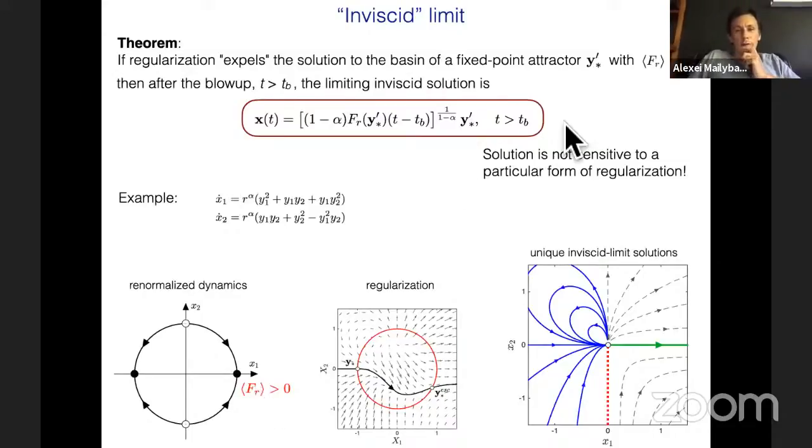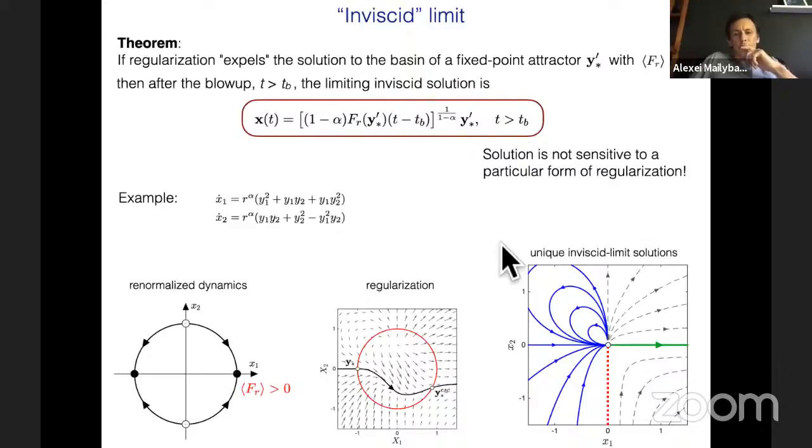And if we have a fixed point with this algebraic condition, what we can prove is that the solution which will be chosen, irrespective of the explicit form of the regularization, will be exactly the solution corresponding to this point, which means this horizontal line. So it is given here explicitly.